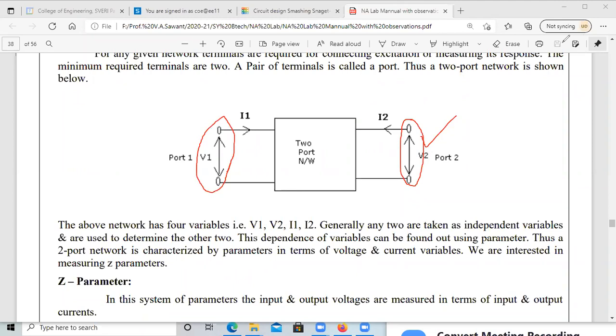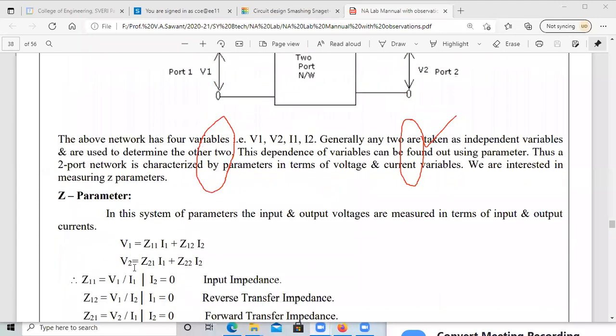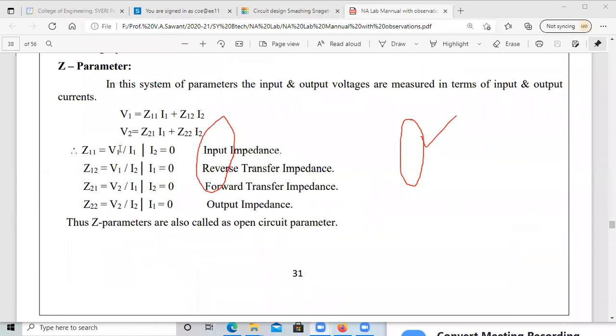See, the parameter can be obtained like this: Z11 is equal to V1 divided by I1 when I2 is equal to 0. I2 equal to 0 means the second port is open circuited. After open circuiting the second port, we get these two parameters, Z11 and Z21.